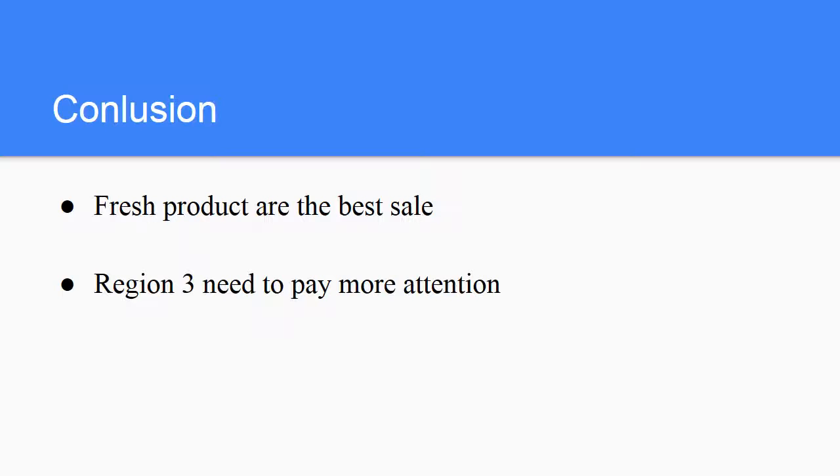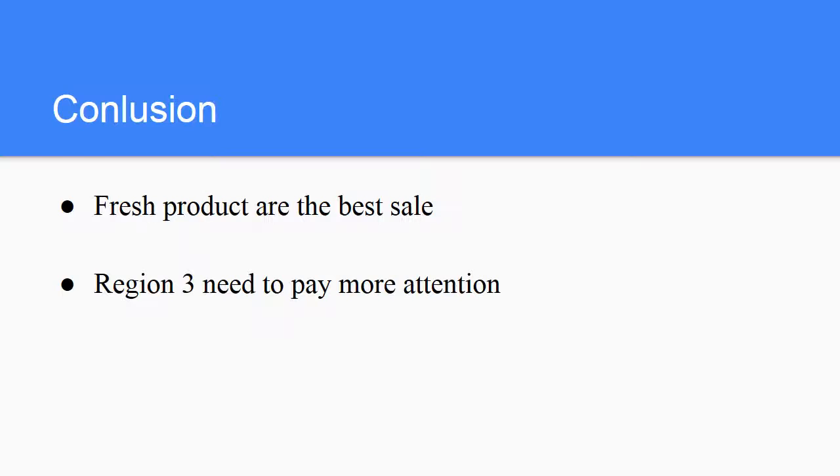In this slide, we'll talk about the conclusions. We get the results from Weka, and based on those data, we can say fresh products are the best seller. The second conclusion is that region 3 needs more attention.